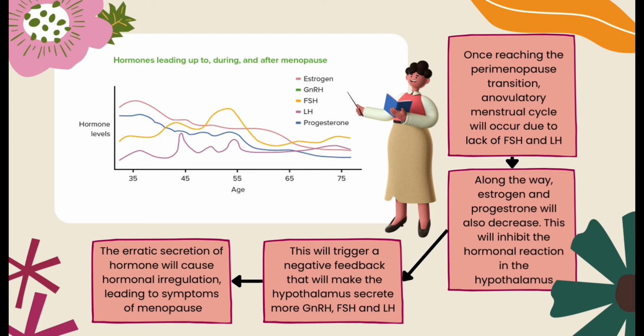Along the way, estrogen and progesterone will also decrease. These will inhibit the hormonal reaction in the hypothalamus. This will trigger a negative feedback that will make the hypothalamus secrete more GnRH and the pituitary gland secrete more FSH and LH. The erratic secretion of hormones will cause hormonal irregularity. This will lead to symptoms of menopause.